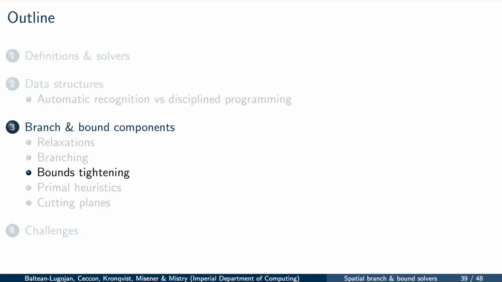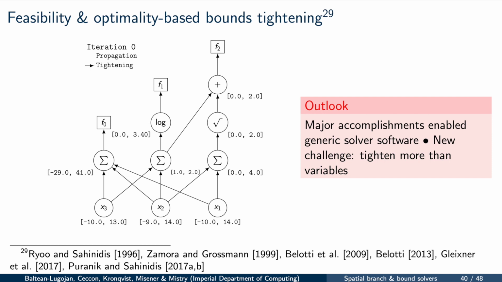Bounds tightening is extremely important in MINLP. I mentioned earlier that good variable bounds mean that you can develop good relaxations, basically because these relaxations are based on variable bounds, or the boxes. There are two types of bounds tightening that people typically use: feasibility-based bounds tightening and optimality-based bounds tightening.